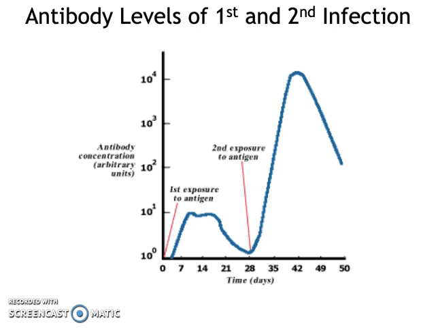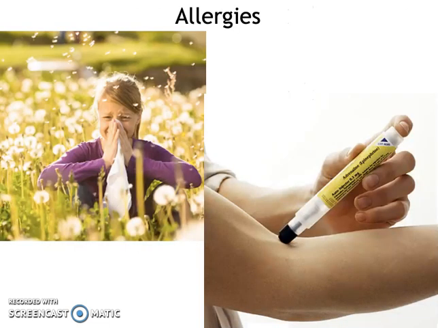There are, of course, disorders of the immune system as well, and we're going to talk about two of these. The first one is allergies. Allergies are when your immune system and your host defense mechanisms respond to non-pathogenic or non-harmful agents, such as pollen, pet dander, dust, peanuts, or other things.